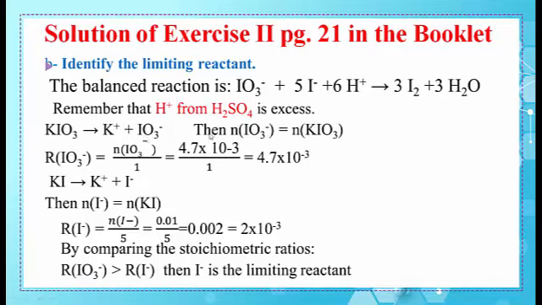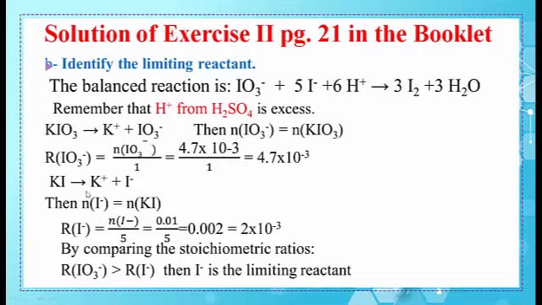Then according to the stoichiometric ratio, number of moles of IO3- over 1 is equal to number of moles of KIO3 over 1. Now the ratio in this reaction of IO3- is equal to the number of moles of IO3-, which is equal to number of moles of KIO3, equal to 4.7 times 10 exponent minus 3 over 1, equal to 4.7 times 10 exponent minus 3.